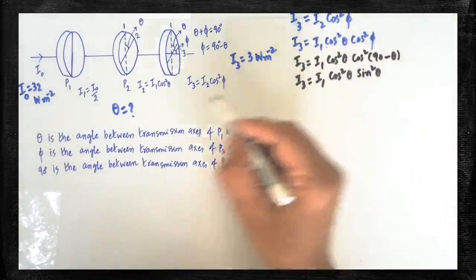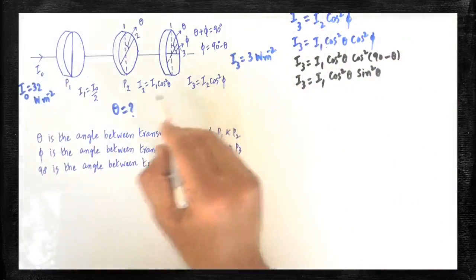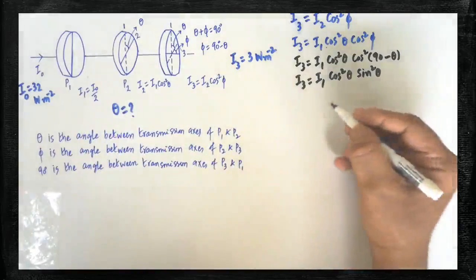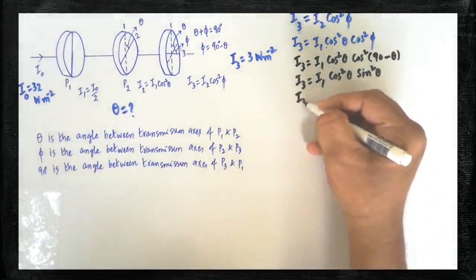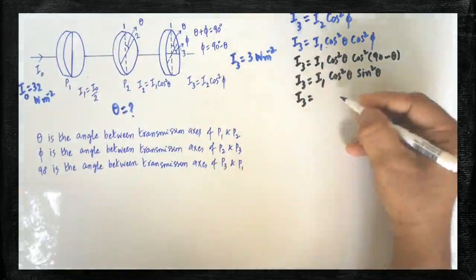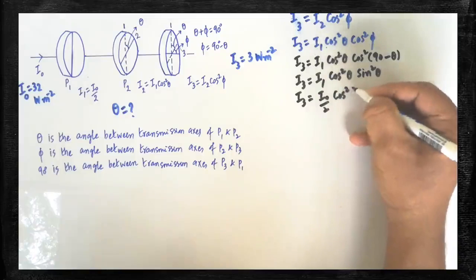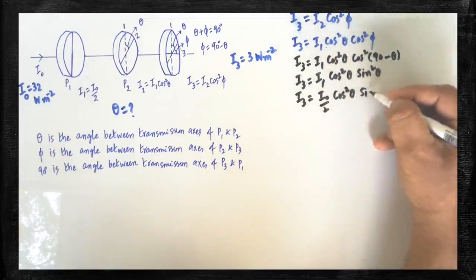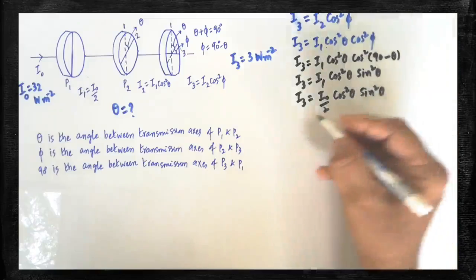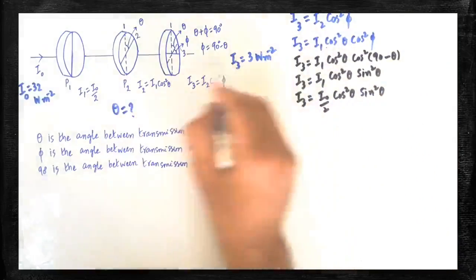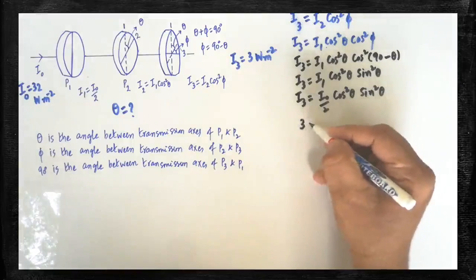Here we know the value of I3 and what is that? I1. Are you clear? I3 is equal to I1, whose value is I0 by 2, cos square theta sin square theta can be written. The value of I3 is 3.